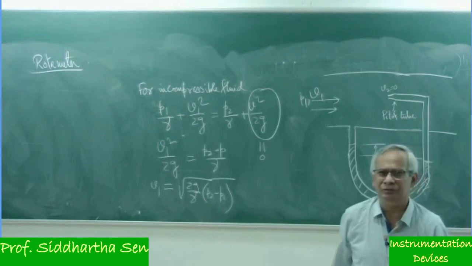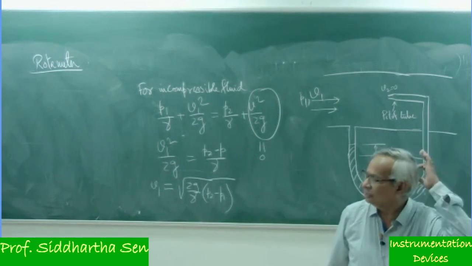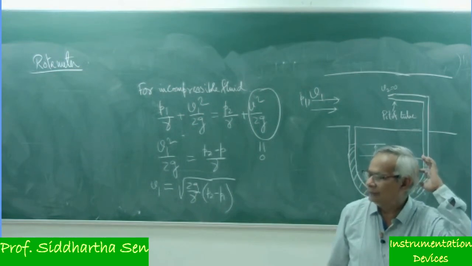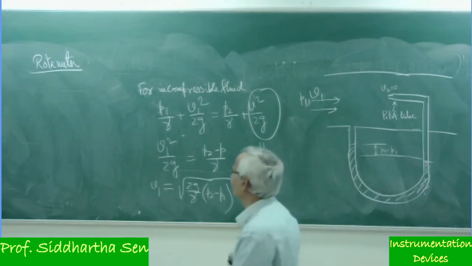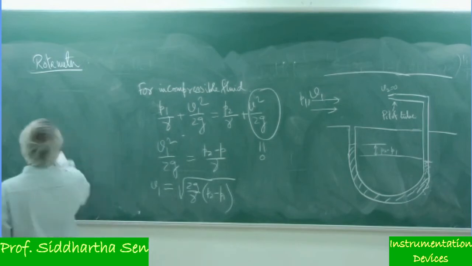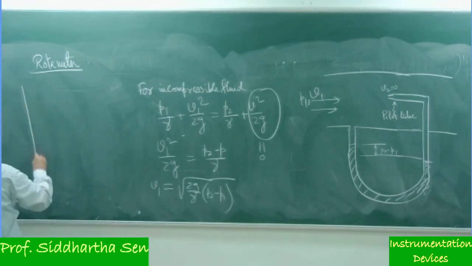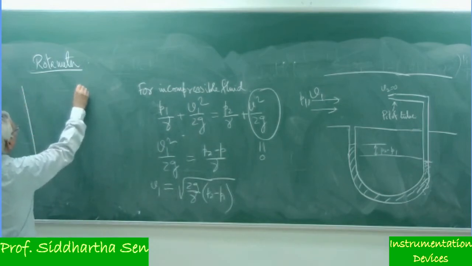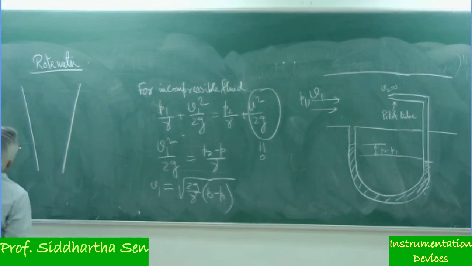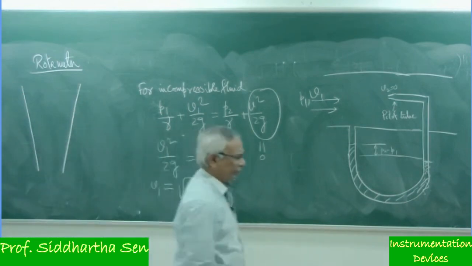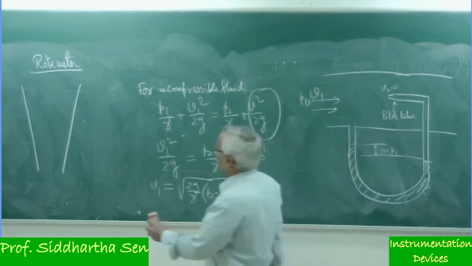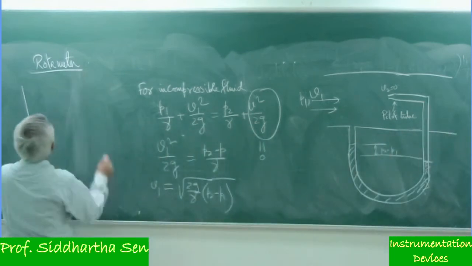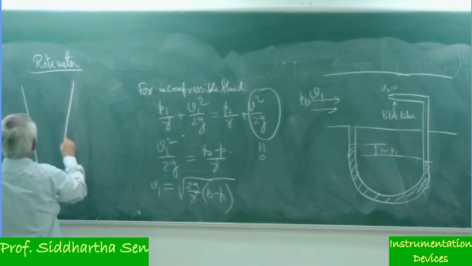I think those who have done the laboratory at least have some idea of how the rotameter looks. I will rather tell you some story after that. I will not go into the basic principle now, that I will carry out in the next class, but I will tell you some story of the rotameter.